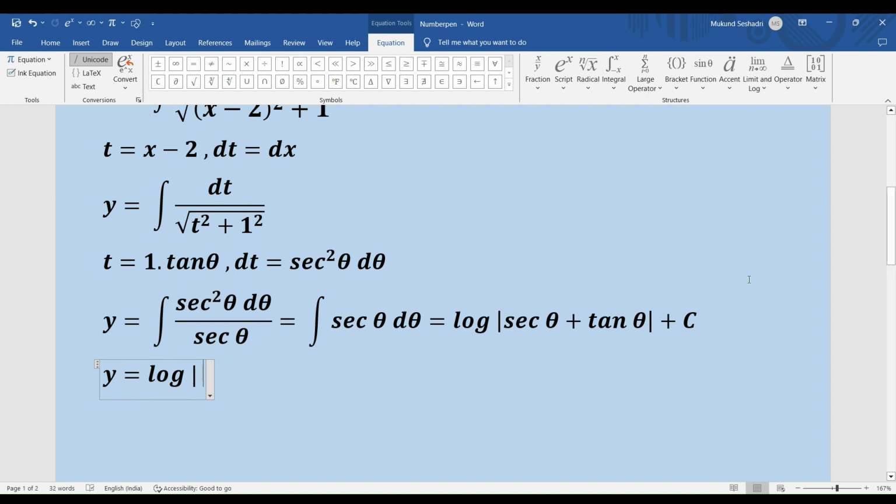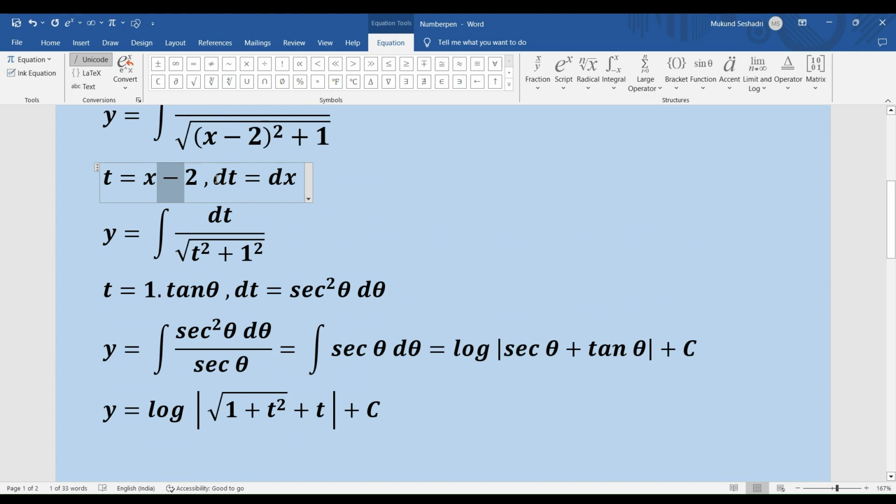So my secant theta, which is the first term inside my log, becomes root of 1 plus t square, right? I hope you folks are with me. And then I have plus tan theta, which is pretty simple. So I'm left with log of mod of root of 1 plus t square plus t, right? And then I have my constant plus c.